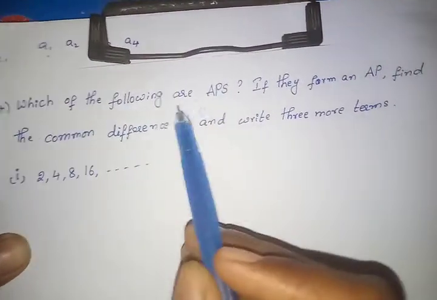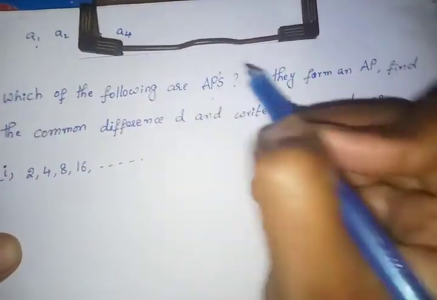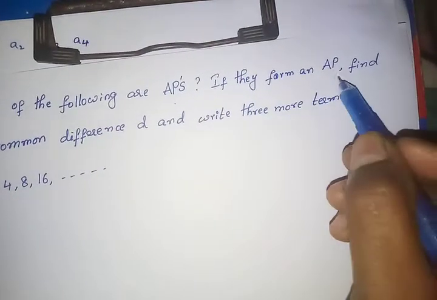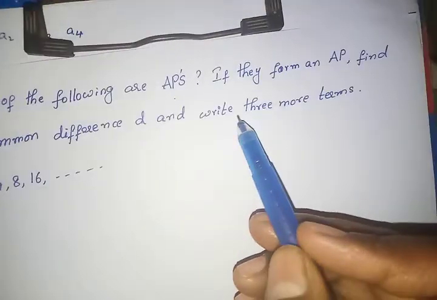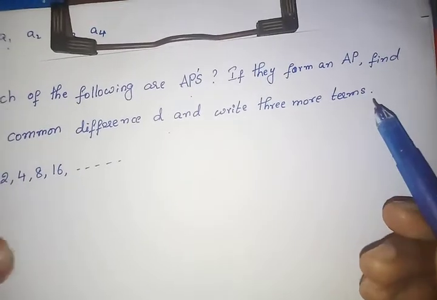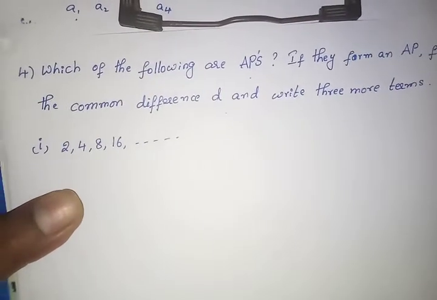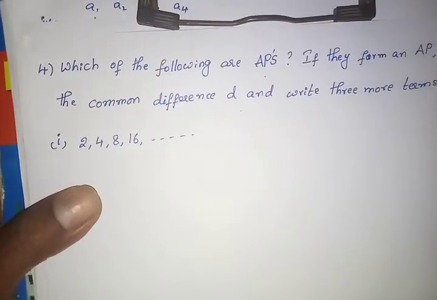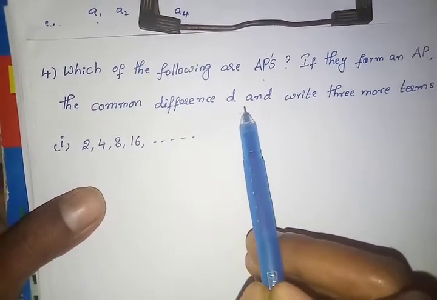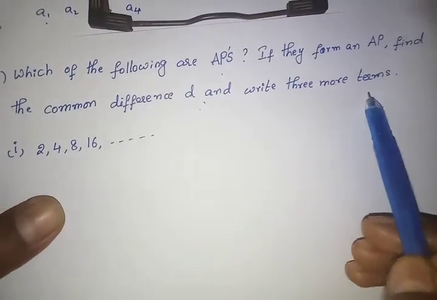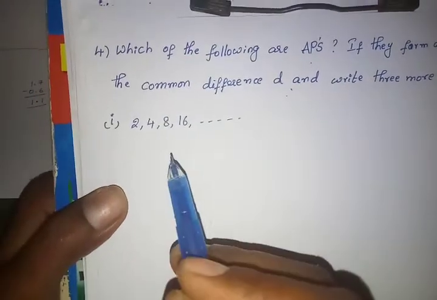See the question. Which of the following are APs? If they form an AP, find the common difference d and write 3 more terms. We have to first find whether these are in AP or not. If they are in AP, we have to find the common difference d and write the 3 more terms. First check it. Is this in AP or not?